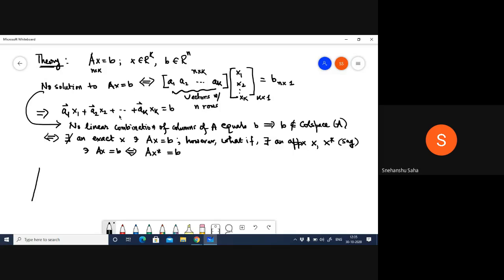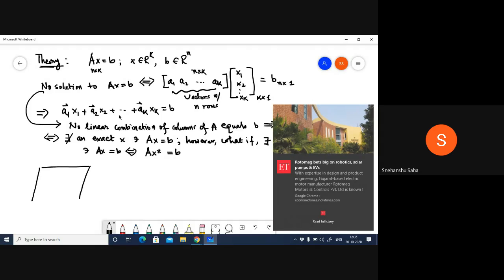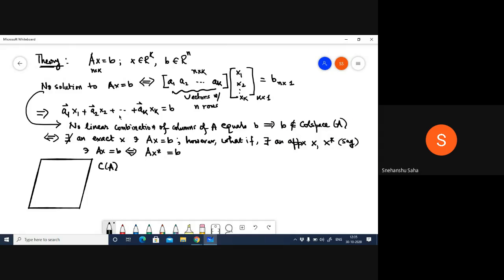I have this column space of A. What I intend to do is the following: there is some vector, and this Ax star is in the column space. I claim that X star solves Ax equal to B, so Ax star is actually in the column space of A. But I also know that B is not in the column space of A, so B is somewhere over here.